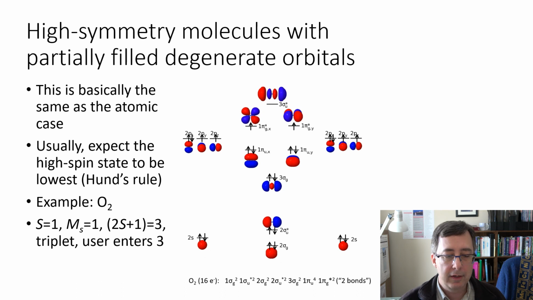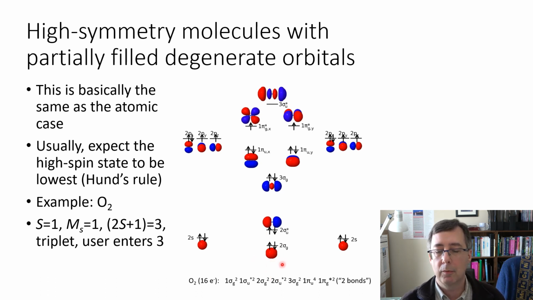And let me just give one counterexample from O2. If I show the molecular orbital diagram of O2, then I use Hund's rule. The atomic orbitals from each atom are on the left and the right. The middle is the molecular orbitals. I use Hund's rule and I just fill them up going from the bottom towards the top until I run out of electrons.